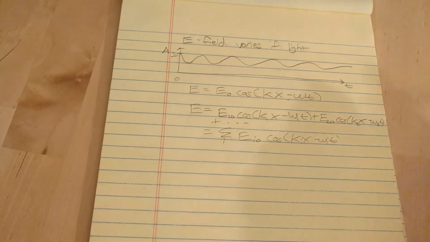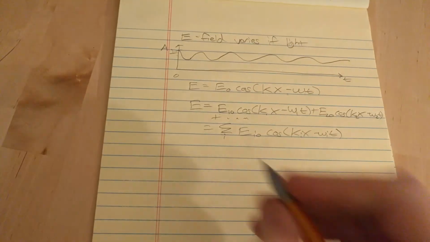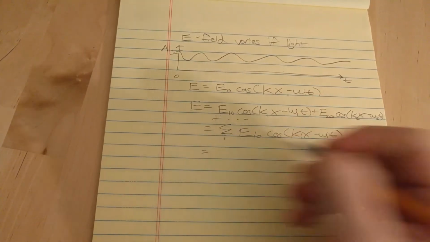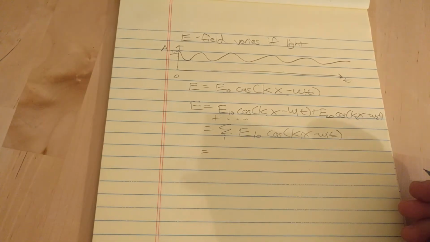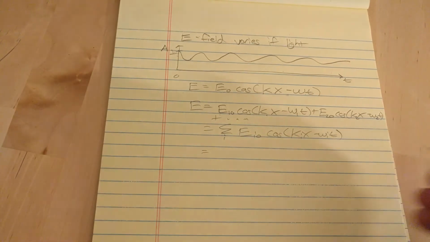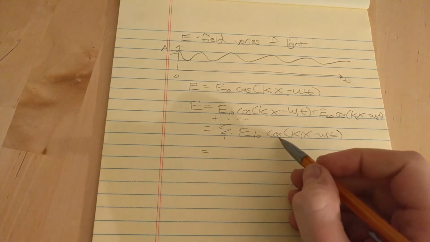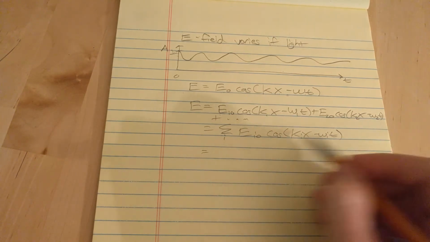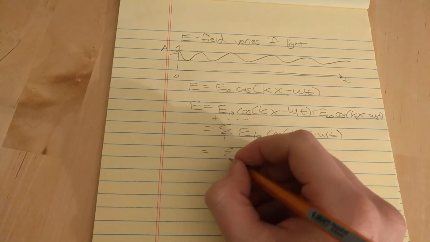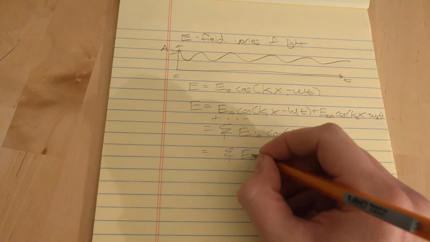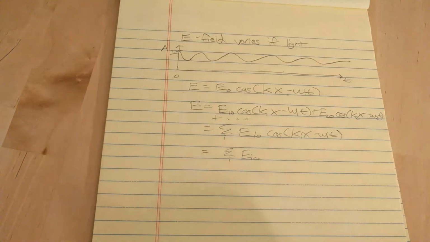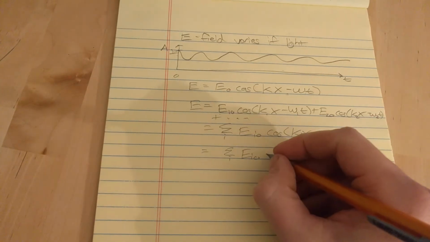But you can also write this as a complex exponential, which is most often done in textbooks because it's easy to take the derivatives and integrals of exponentials, and it's easier to work with exponential identities than trig identities. So usually you'll see this written with the amplitude a little bit different because it's divided by 2, but it's a constant either way.